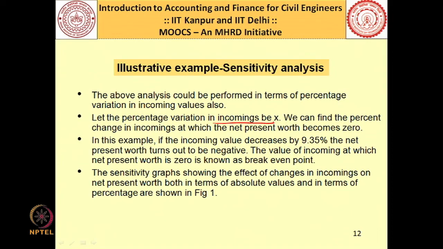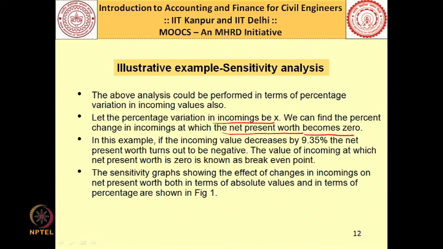So, I will say let us change this variable by x percent, and see what happens to the net present worth corresponding to that percentage change. I would like to find for what percentage change in incoming my net present worth becomes 0, because that point 0 will be the point at which the net present worth changes from a plus value to a minus value. So, it is very important for me to understand where the 0 lies.